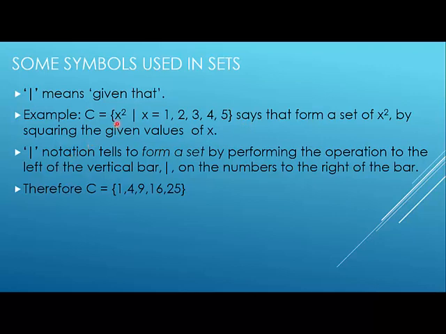And how do we get the set for C? We will simply plug in these values of x in x square, and we will get values for x square. So here square of 1 is 1, square of 2 is 4, square of 3 is 9, square of 4 is 16, and square of 5 is 25. So here we have got a set C having elements 1, 4, 9, 16 and 25.